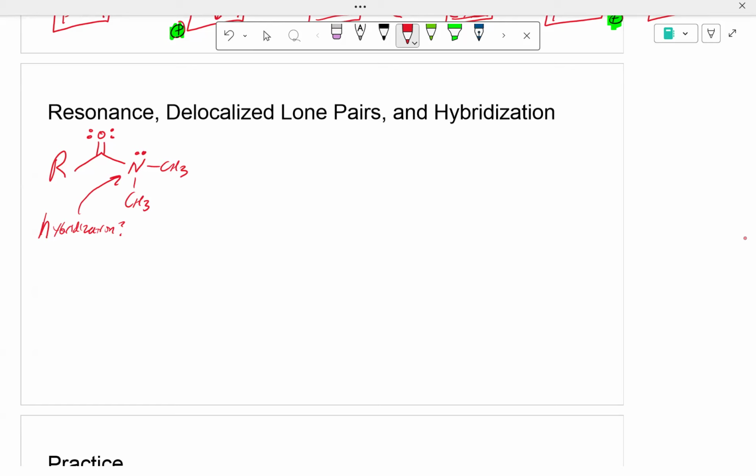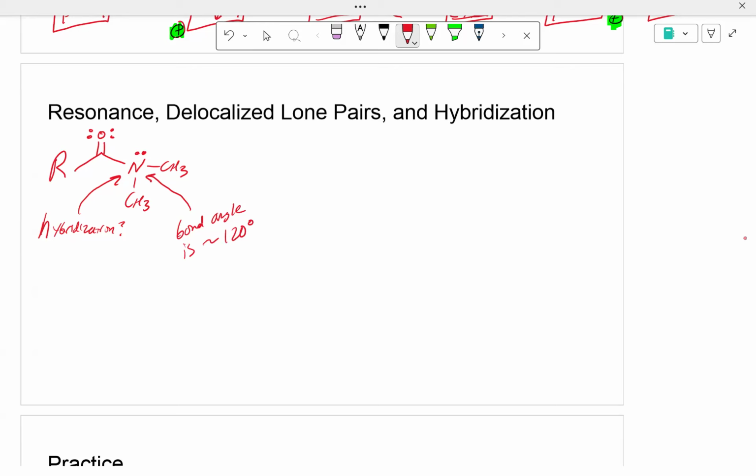Well, here's the interesting thing. When scientists were able to measure the bond angle of this compound through various instrumental means, they found the bond angle was about 120 degrees around that nitrogen.